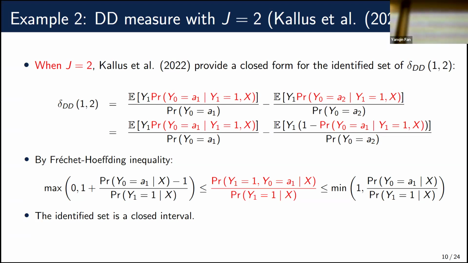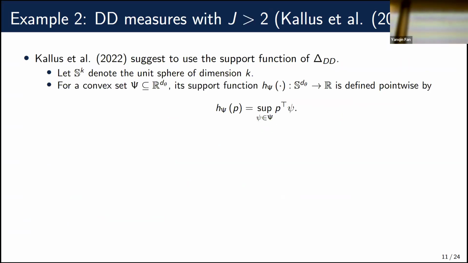The lower bound and upper bound give the lower and upper bound of the DD measure, and the identified set, in fact, is a closed interval. So in this case it's very nice: it's a closed interval, and both the lower and upper bounds have closed form expressions. This is very nice.